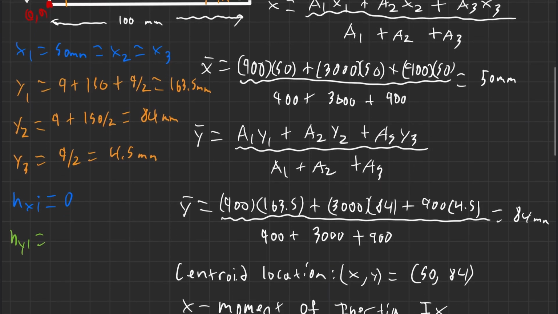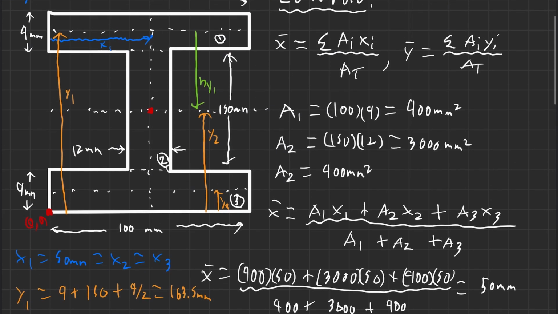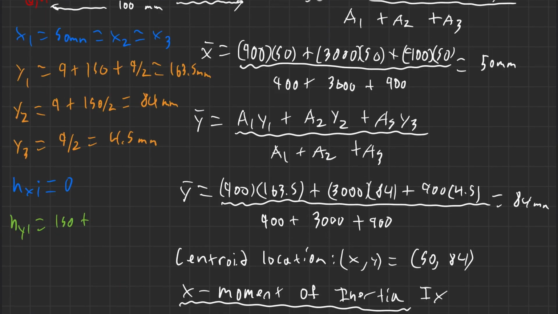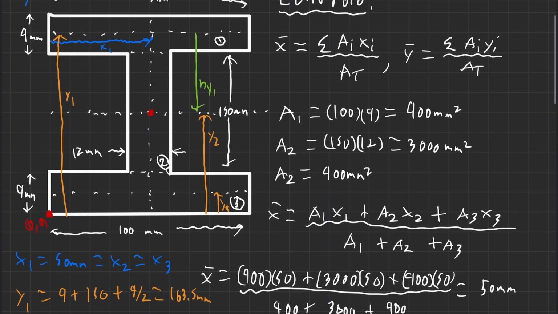150 over 2 plus 9 over 2, because we have 150 cut in half, that's this length, and then we have 9 cut in half, that's this length.